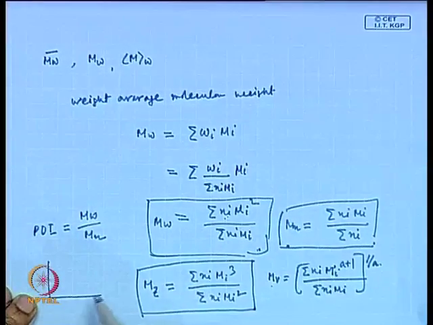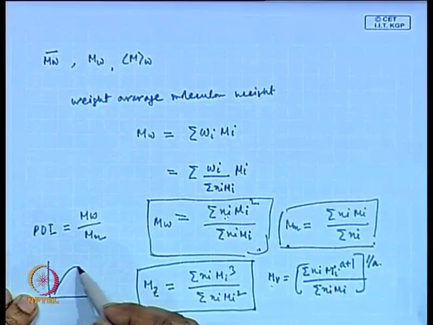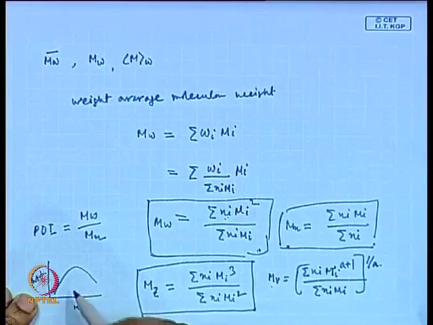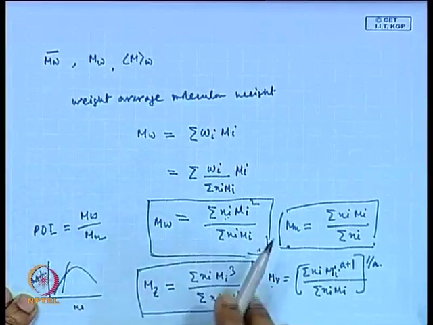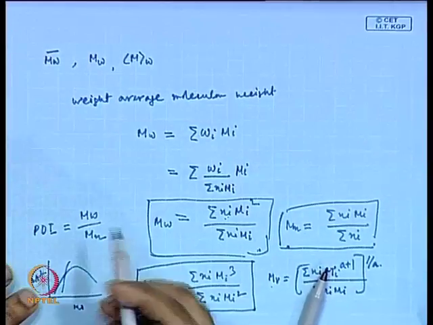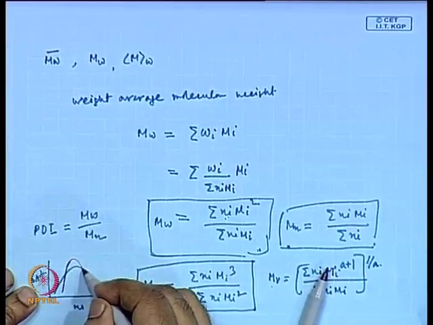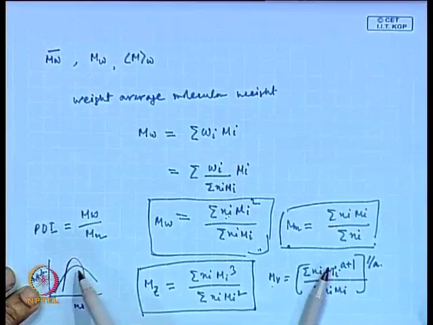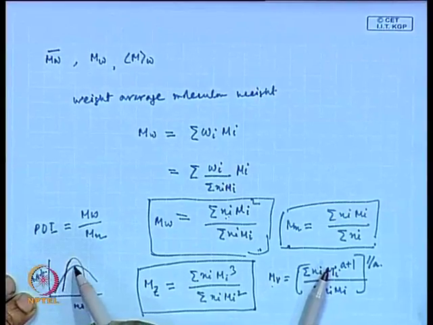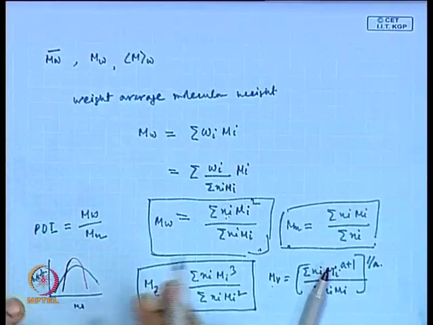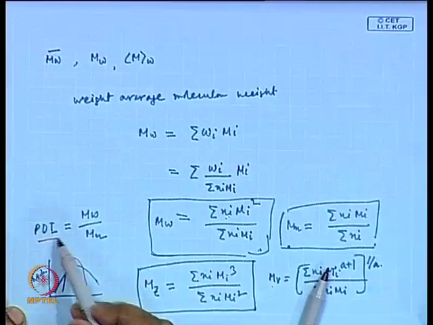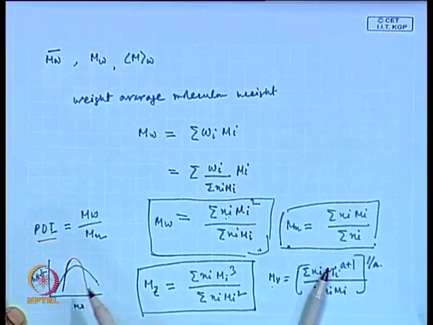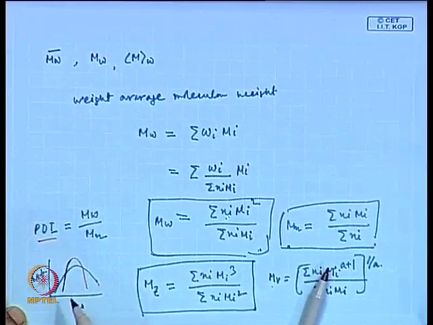So, if you have a polymer sample with weight fraction like this compared to something like this, they may have similar molecular weight averages, but this will be much broader, and the PDI value for this sample will be much higher compared to the value for this sample.